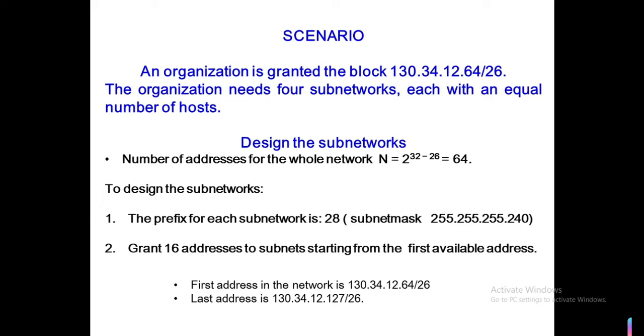With the given information, we can see that the number of addresses for the whole network is 64. If we want to divide these 64 addresses into 4 equal subnetworks, each subnetwork is going to have 16 addresses. So we are going to create 4 subnetworks, each having 16 IPs.